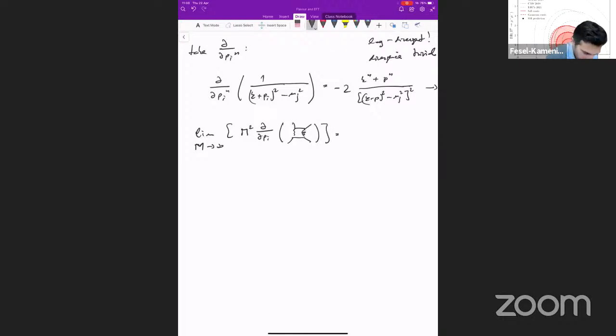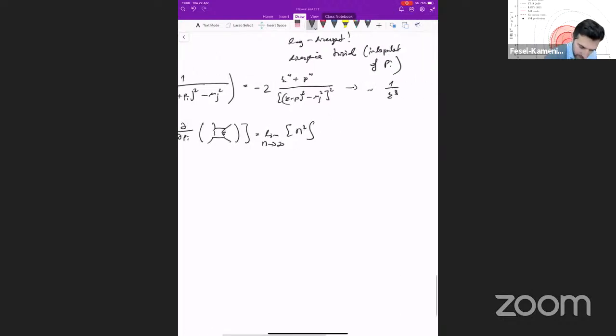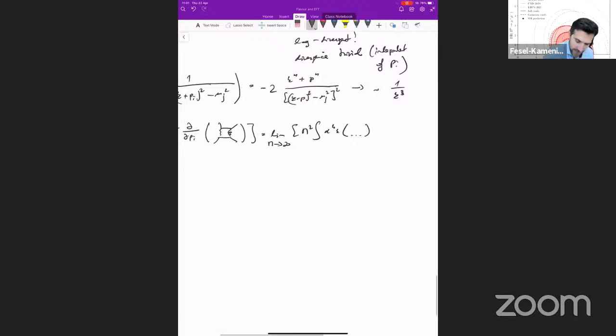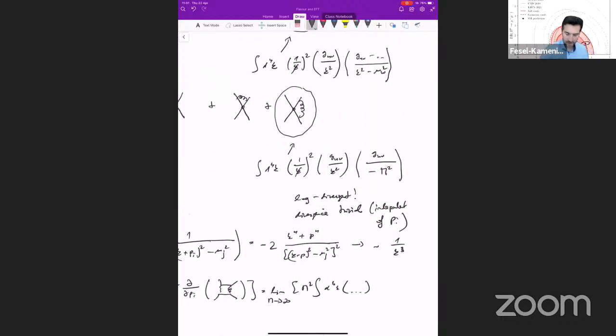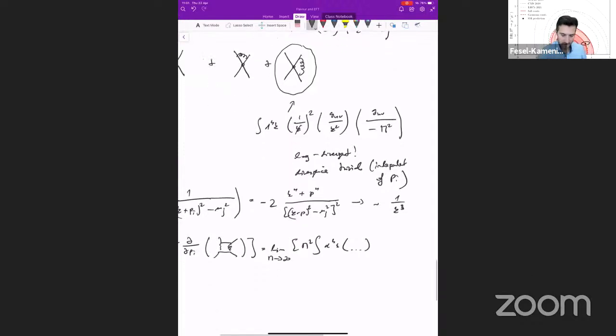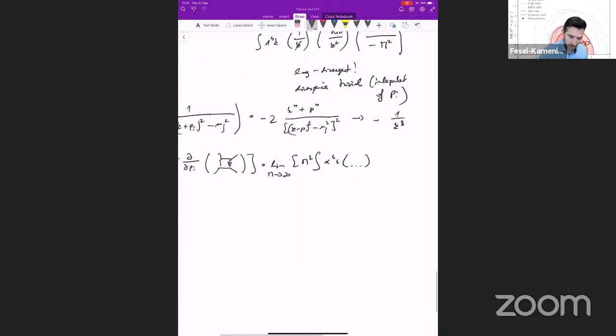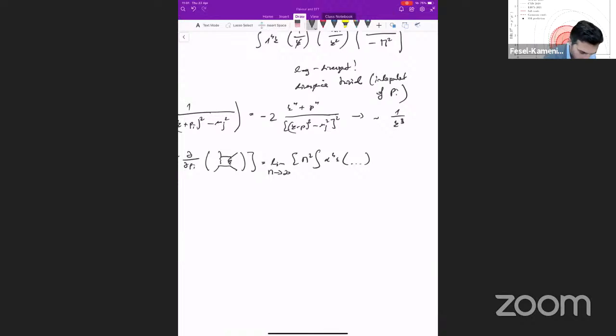And now, of course, we know how to do this. At least formally, this will be m squared, and then the integral that will be present here is d^4k, and there will be some dependence, since each of the fermionic propagators, if we act on any of those, will increase the convergence. So we can write the whole loop momentum integral as the k squared minus m squared piece times the rest.